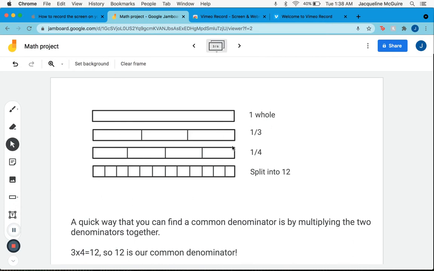So this is a little diagram, a strip diagram, of how we can represent these fractions. This is the whole, and this is divided into thirds. I'm going to draw on this to represent the 1/3.